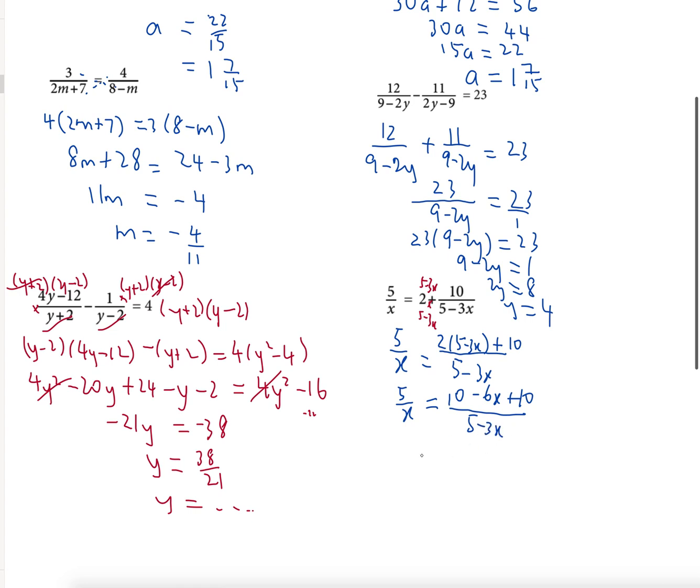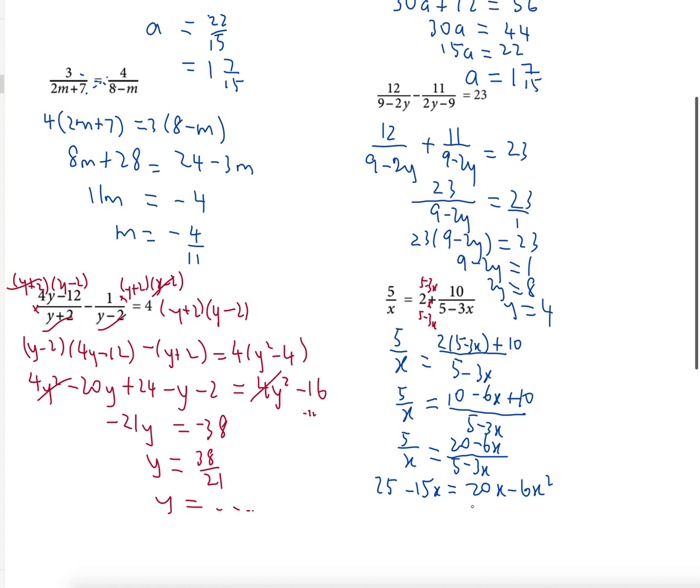Okay, so we can cross multiply once we have made it into a single fraction. We have 20 minus 6x over 5 minus 3x. So here now a single fraction, we can cross multiply. So cross multiply will give us 25 minus 15x, and here is 20x minus 6x squared.